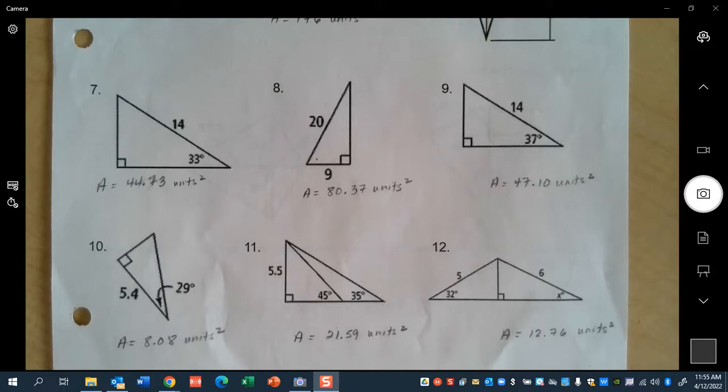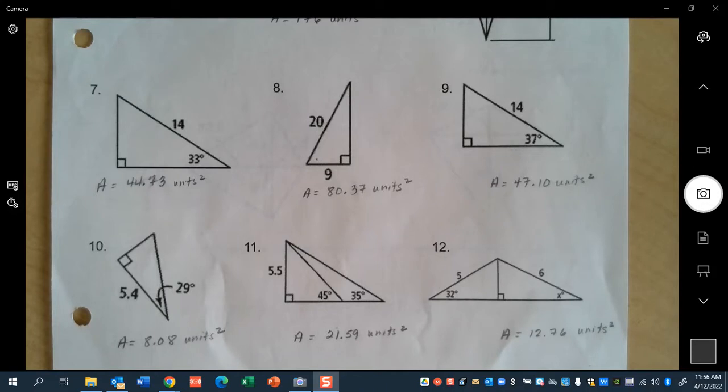For 8, you had to do Pythagoras, a squared plus b squared equals c squared, to solve for that b side, which is your height. 9 is very similar to 7, except now I've got a 37-degree angle. So you had to use sine and cosine to find your base and your height.